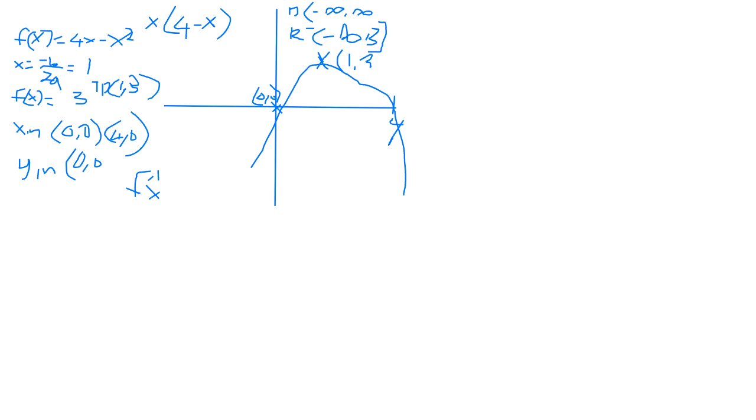Now, this point was 4 and 0. Can you see that? So it will come here and now it will become 0 and 4.